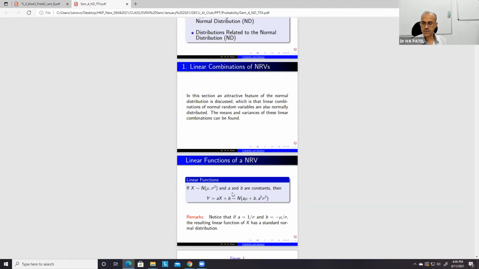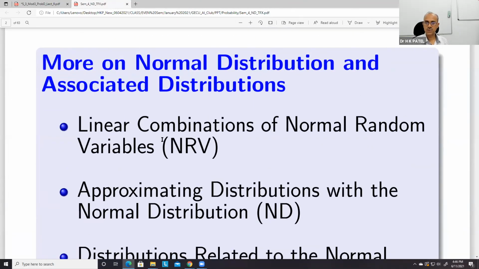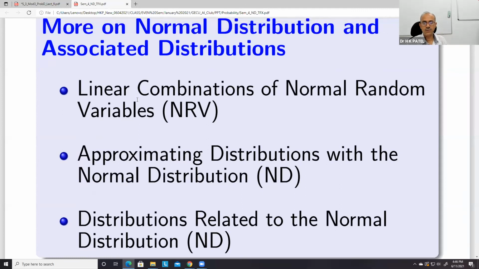Next time we will do the linear combinations of normal random variables, which we have almost seen already; in fact, for general random variables we have seen it. Specifically, we will see if the random variables are normal, whether their linear combinations are also normal, and if they are normal, what the mean and standard deviation are.